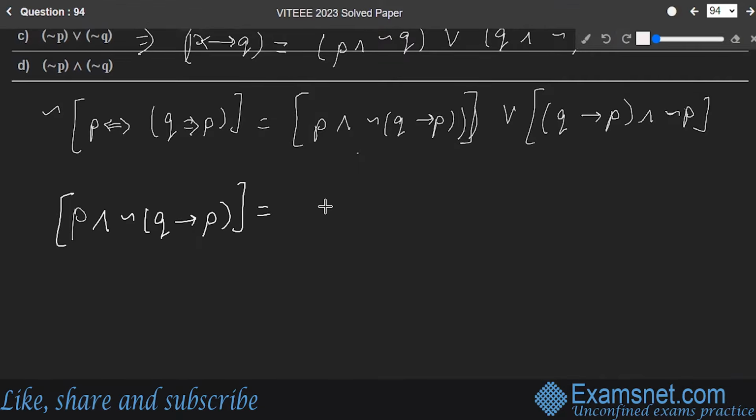This is equal to P intersection negate of P intersection Q, which is equal to some C. Okay.